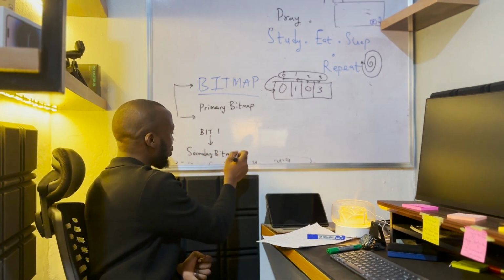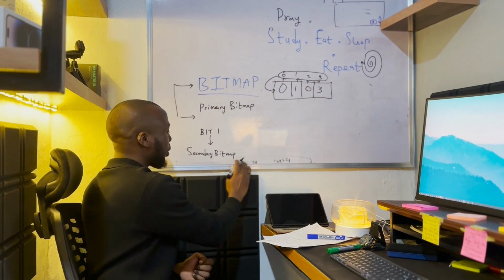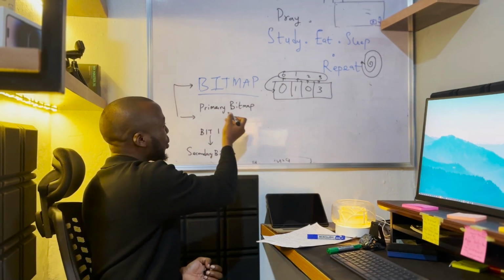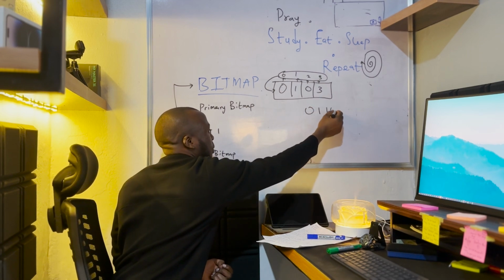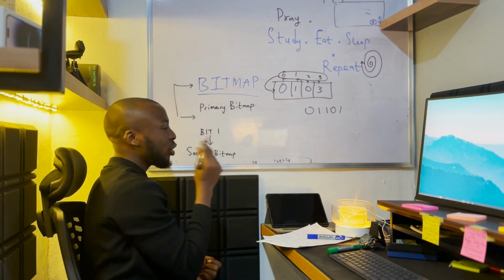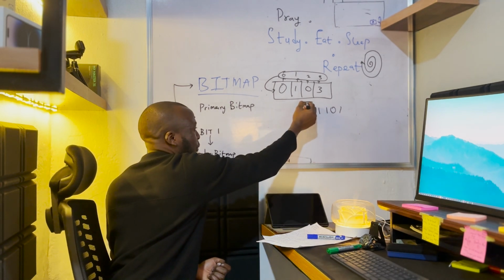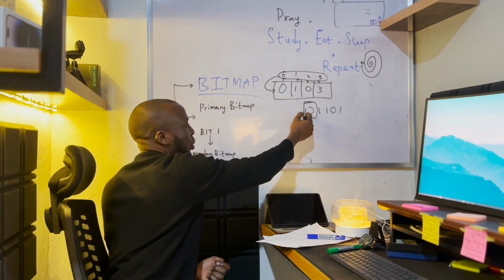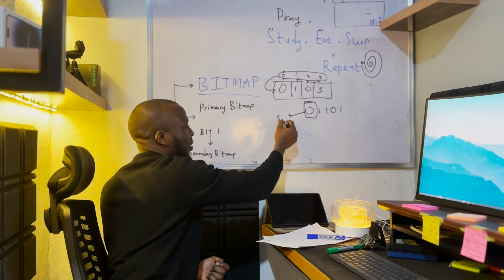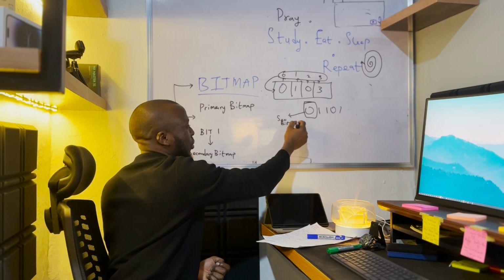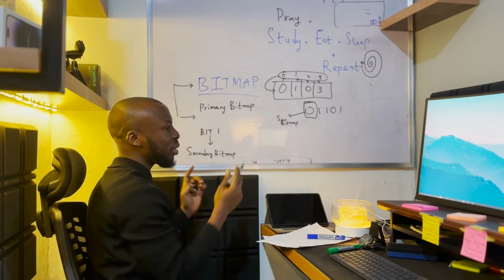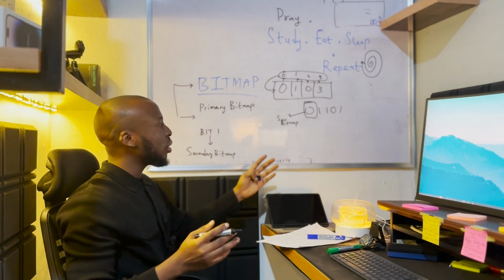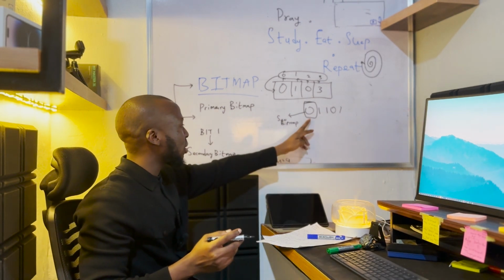So when you see any bitmap, let's say we have something like 1101, this first bit is what tells you if we have a secondary bitmap within that message or not. All right. So if this is set to 0, it means our message does not contain a secondary bitmap.